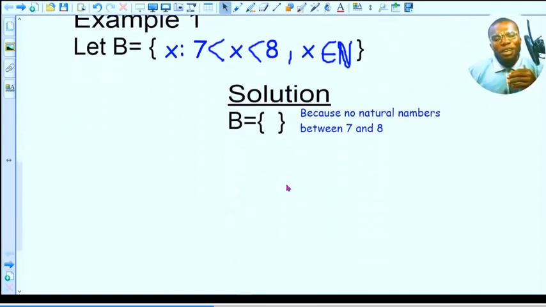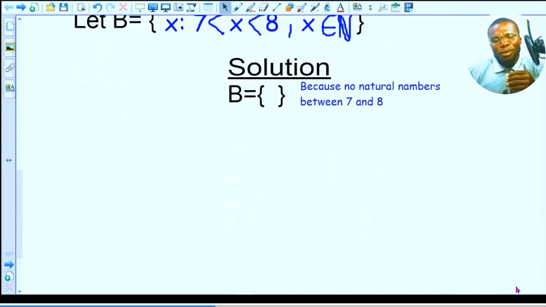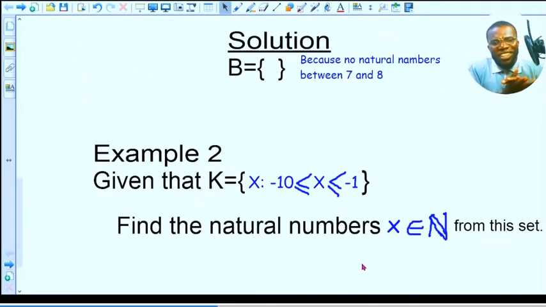Okay, let us come to another example. Another example is that given that K is equal to the elements of X, such that those values of X range from negative 10 up to negative 1, while negative 10 and negative 1 are included.